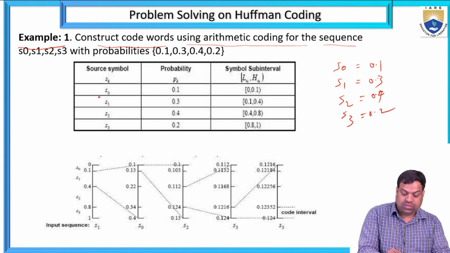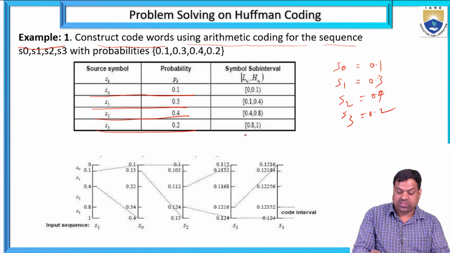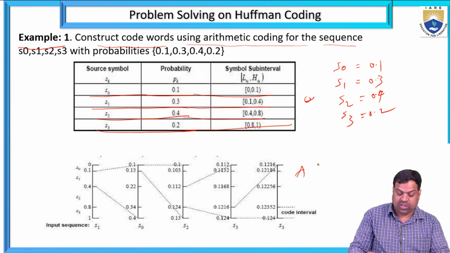So S0 equal to 0.1, S1 0.3, S2 0.4. It is like this. So already they gave the symbol intervals. Okay, it is a question, so we have to convert to the answer.